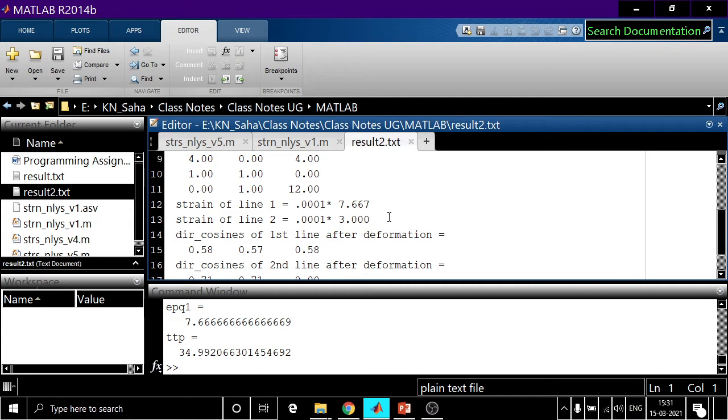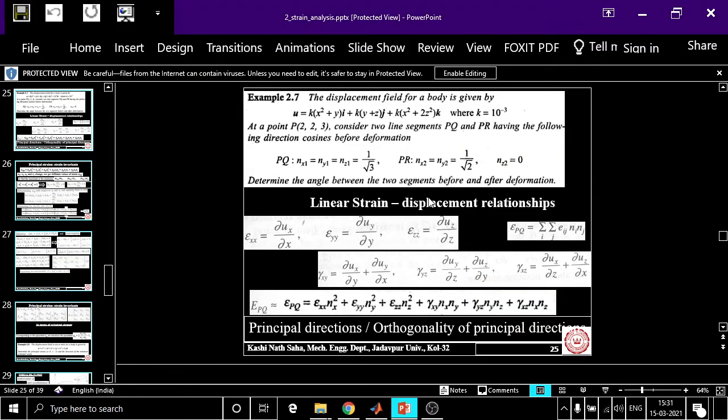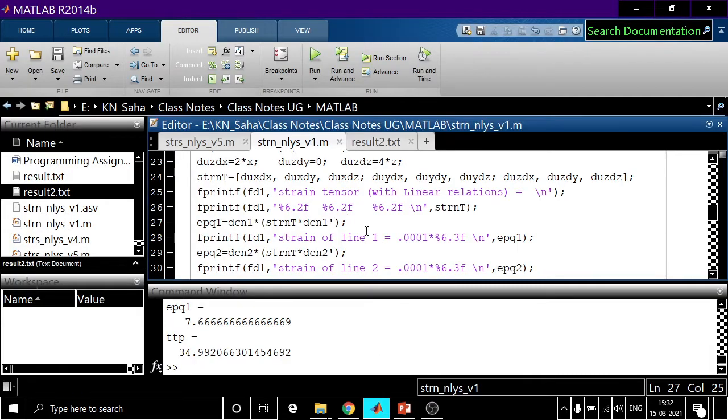Now note one thing: in the problem itself it is given that these values are micro values, so there is a multiplier k which is 10 to the power minus 3. That part we didn't consider in our strain tensor, but when writing the result, it is considered.